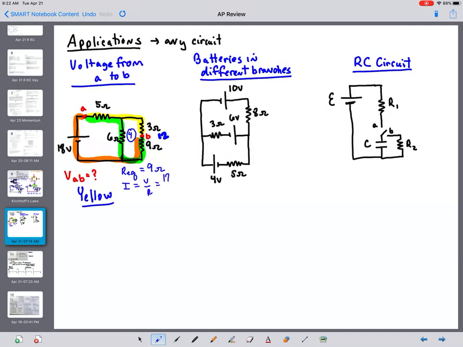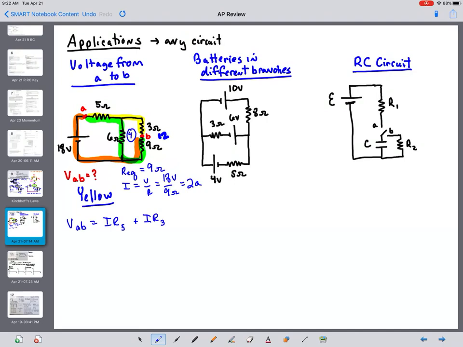Ohm's law, I is V over R. 18 volts over 9 ohms. That's going to give me 2 amps. Now, applying our logic, voltage from A to B on the yellow path, I go through the 5 ohm, that's an I times R for the 5, and I go through the 3 ohm, that's an I times R for the 3.